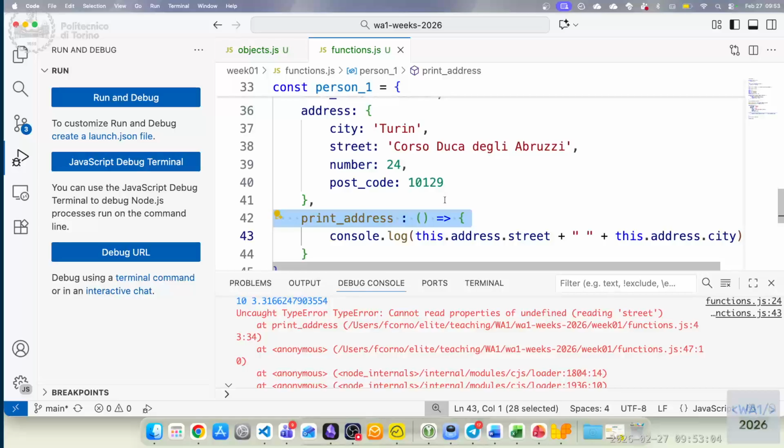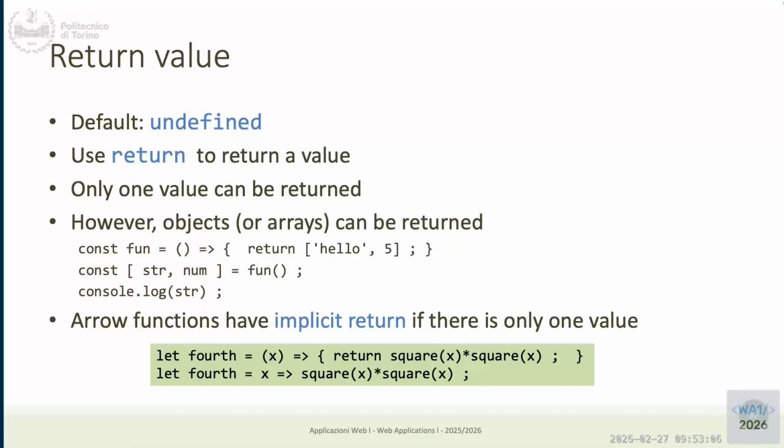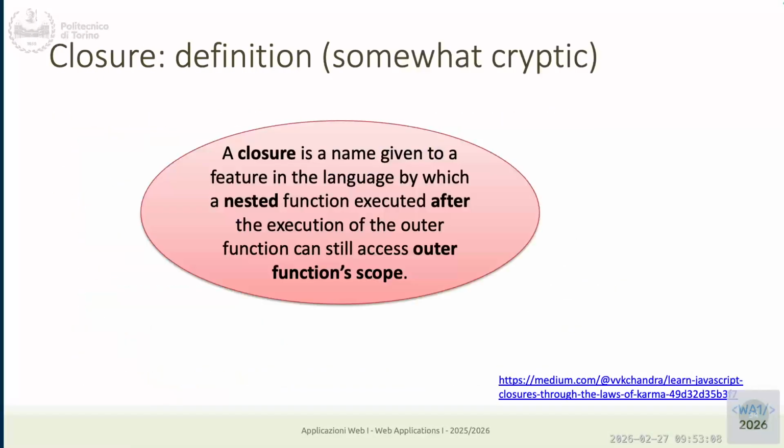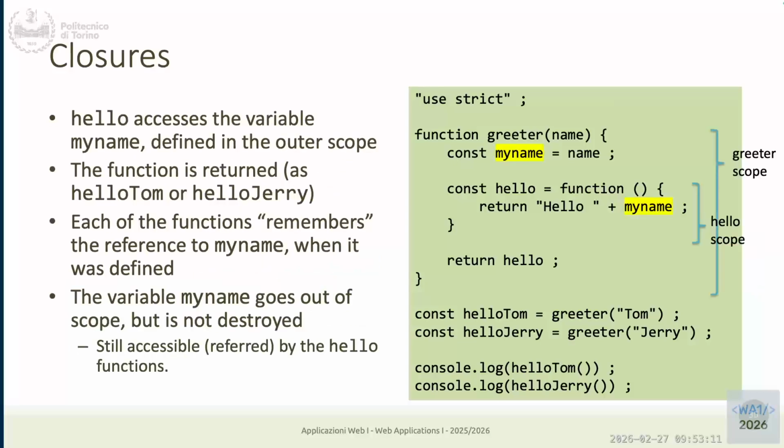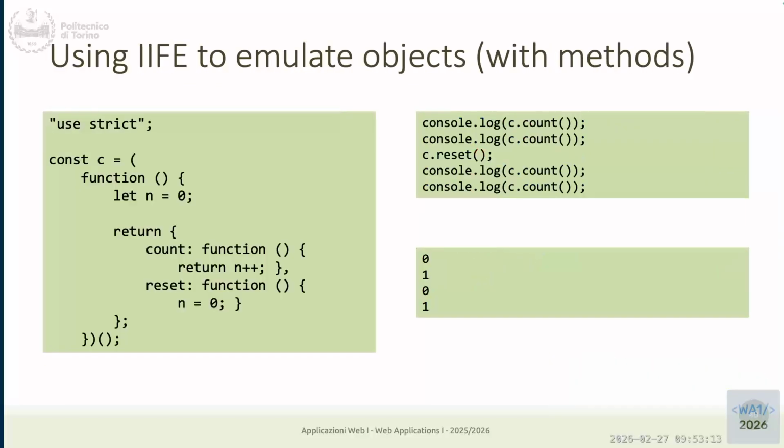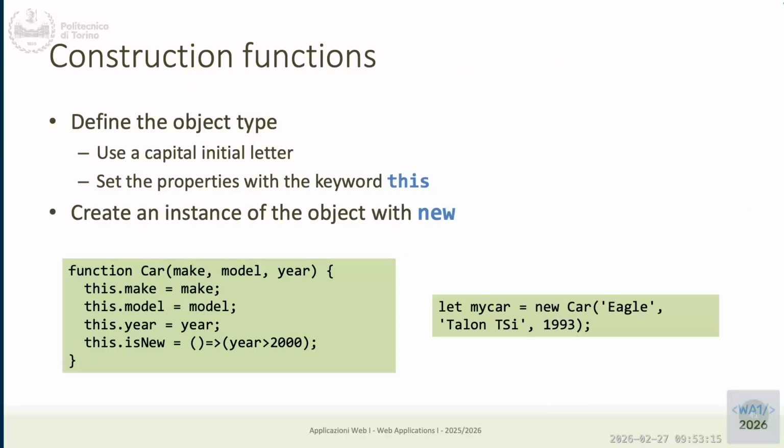So that's why we have the last type of functions that I want to tell you about, because they are very useful. They are called constructor functions. A constructor function is a normal function that is used to create a new object, to initialize an object with some template of values.